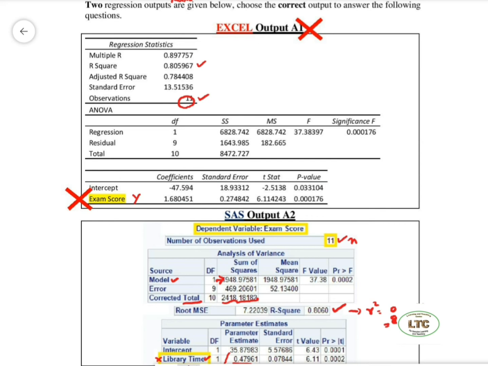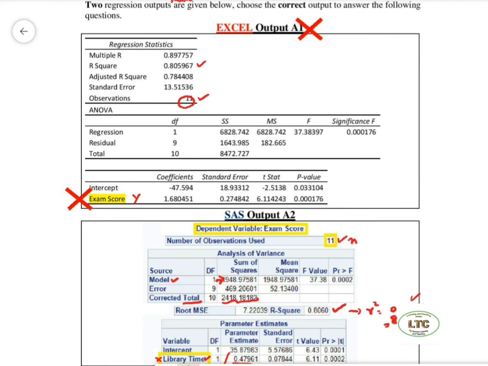SSR is the error removed if you use this regression equation, and the total error is 2418. The error removed is 1948. If you take the ratio, this is R square. If you change to percentage form, 80.6%.